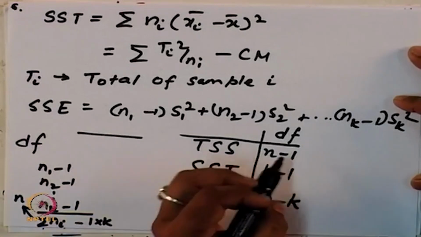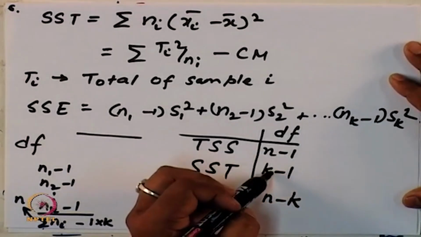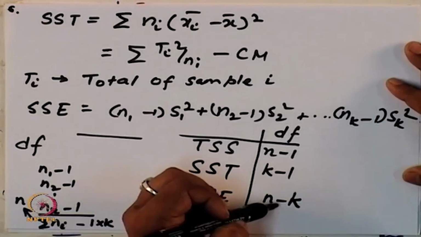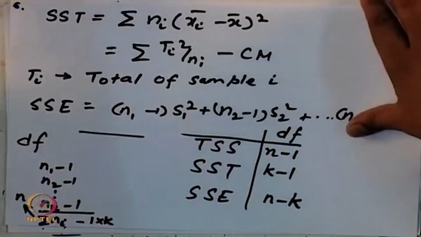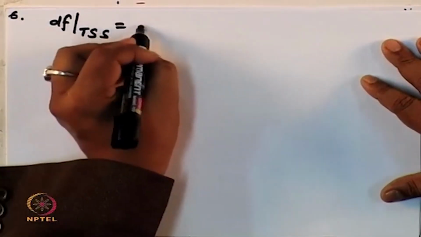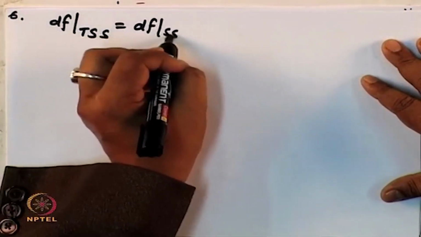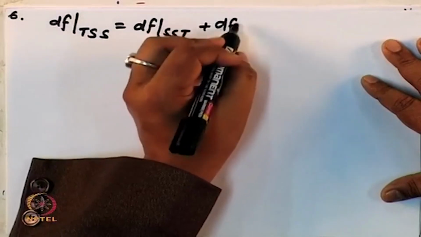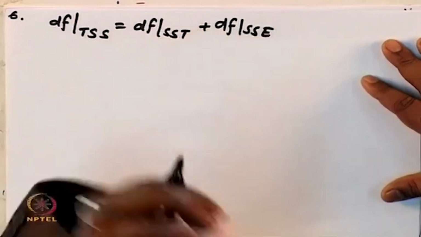So, you can see that n minus 1 minus k minus 1 equal to n minus k. So, you can write down the expression that df of TSS is equal to df of SST plus df of SSE, okay.